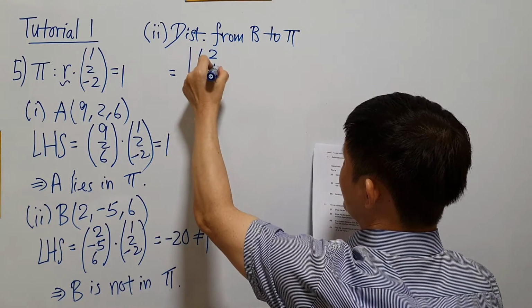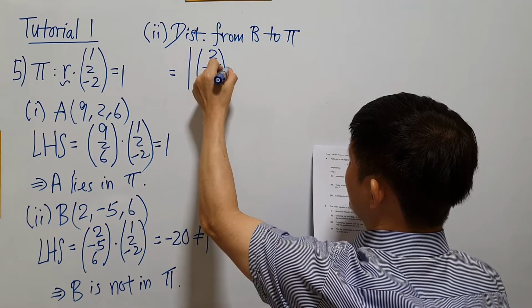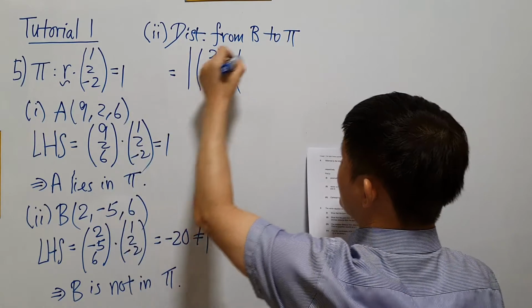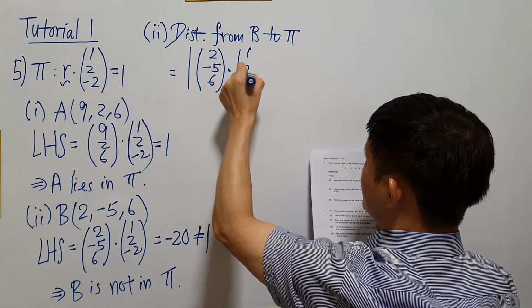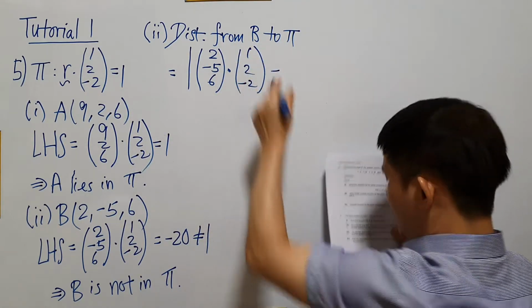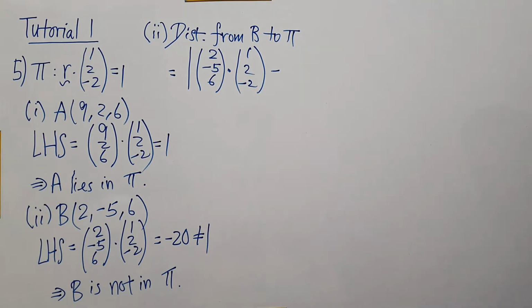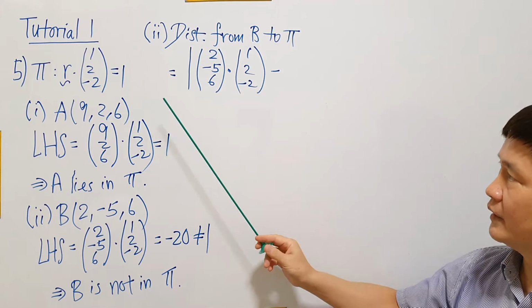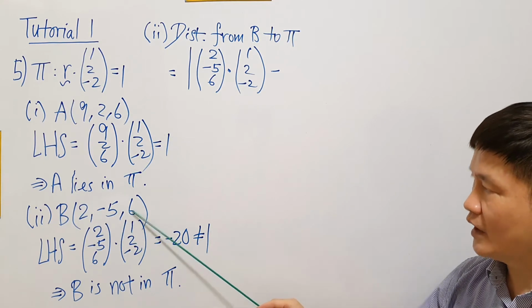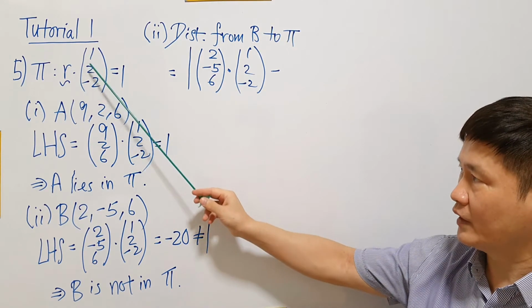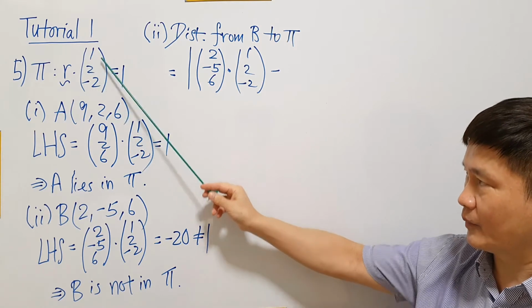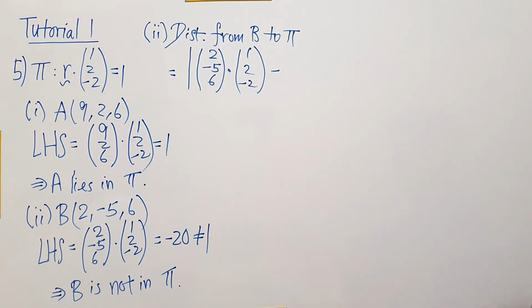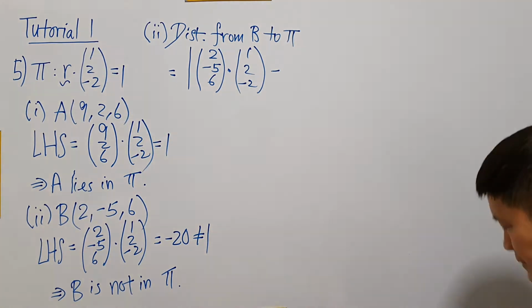(2, -5, 6). You dot with the (1, 2, -2). Sorry, you take this point in question, dot with the normal vector of the plane, and then you minus away this 1.